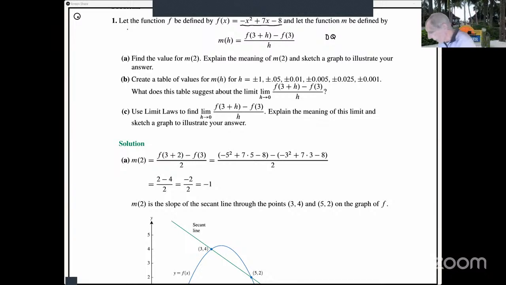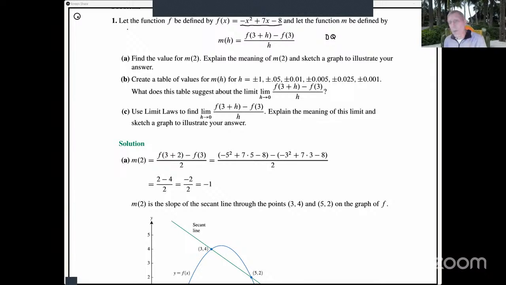So the first thing we're going to do is find a specific value of this function m. We're going to find m of 2. I'm going to try to see what that really means and sketch a graph of what m of 2 is telling us. Then we're going to look at a table of values for m of h for small values of h, as h gets closer and closer to 0 from the left and from the right.